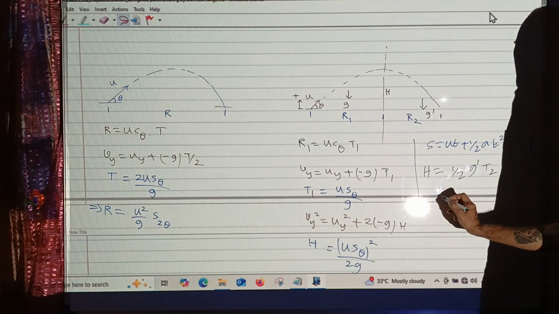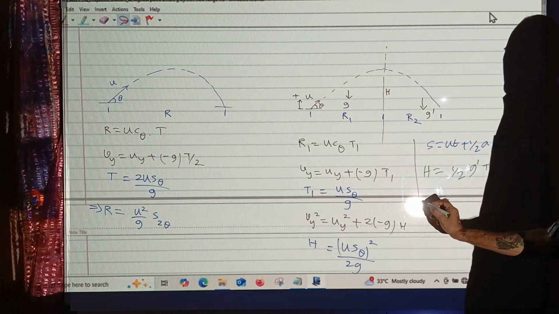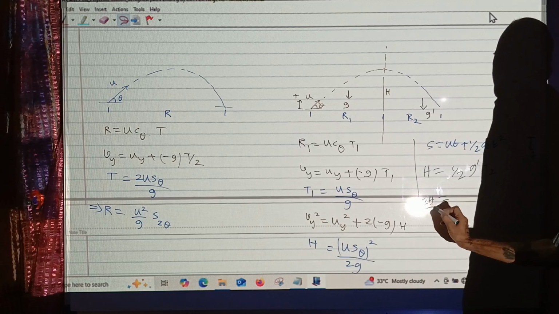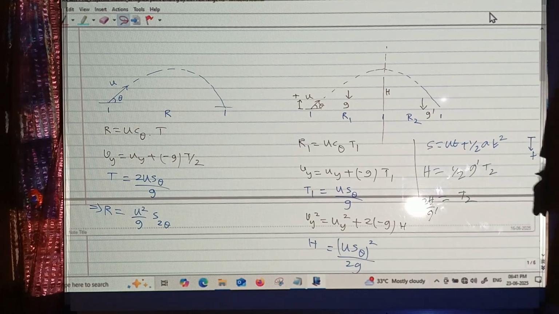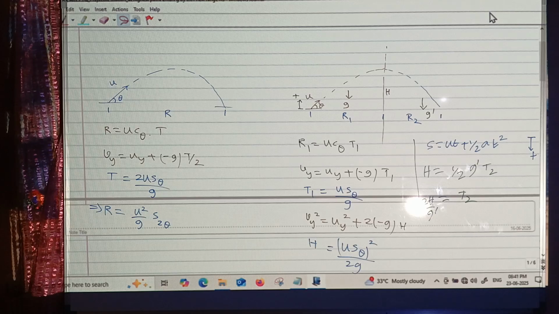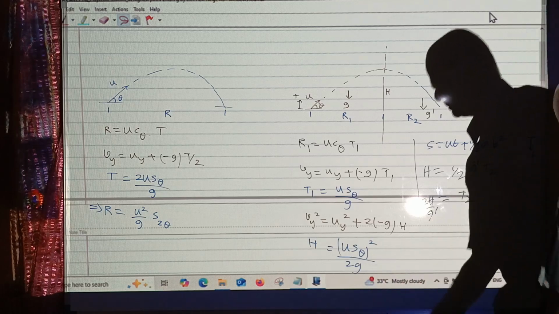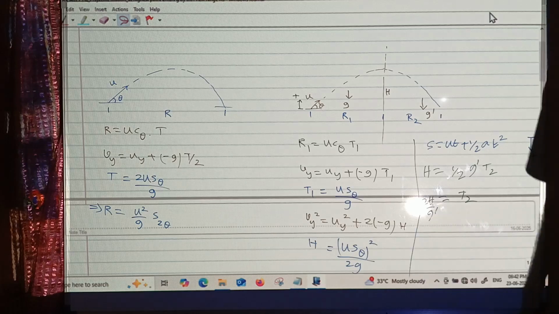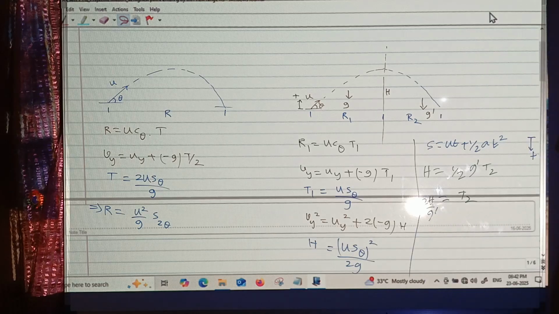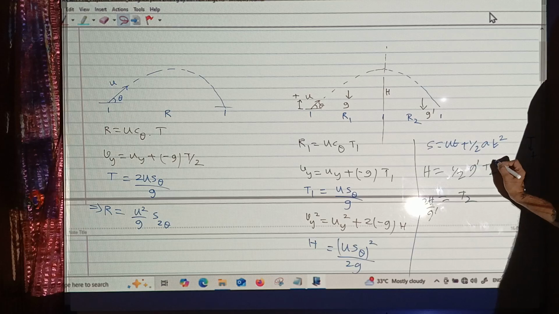So from this, T2 is square root of 2h by g prime. Okay, and for H I have to use this one.